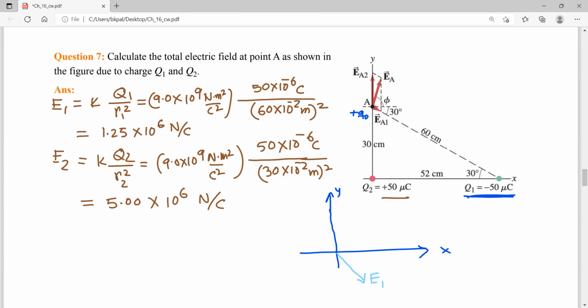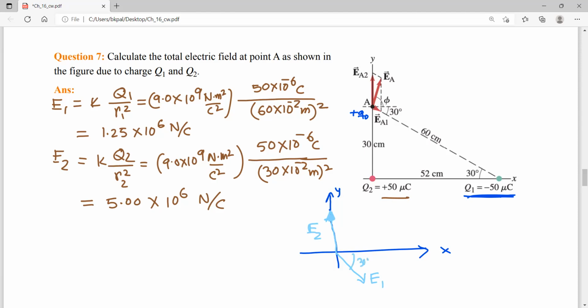And for E2, because both Q0 and Q2 are positive, they repel each other, so this will be the direction of E2. Similar to the last problem, you can show that this is 30 degree.